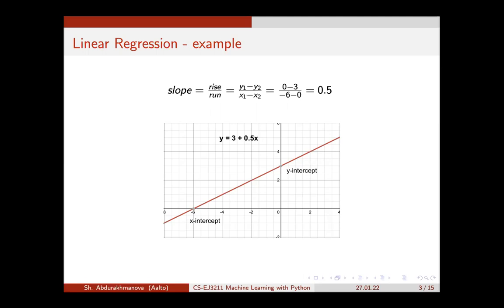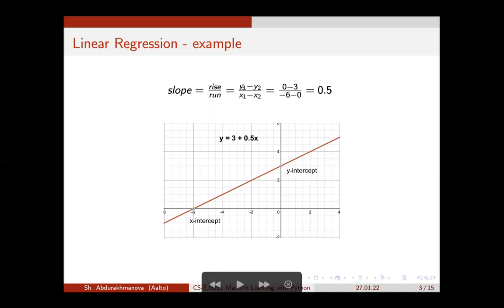So what does it mean? Well, you need to choose 2 points on the line. For example, we can choose the x-intercept point and the y-intercept point. The x-intercept point has coordinates -6, 0, and the y-intercept has coordinates 0, 3.